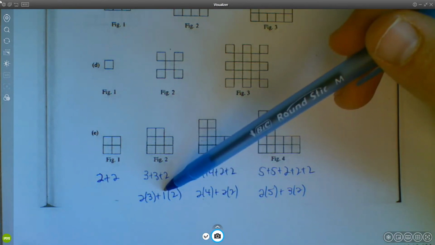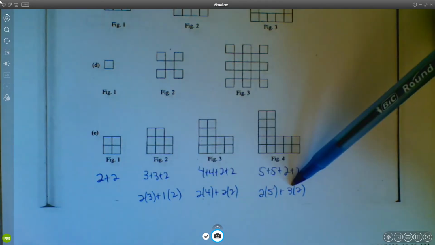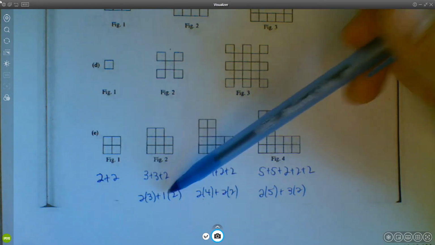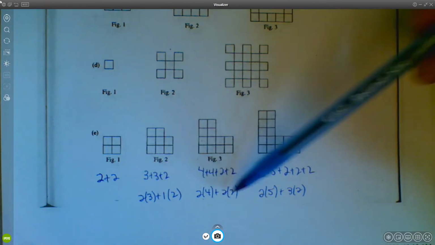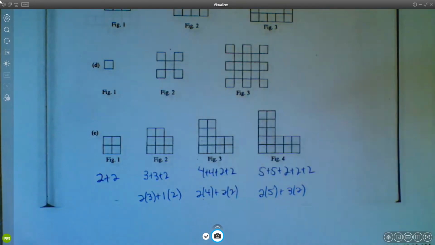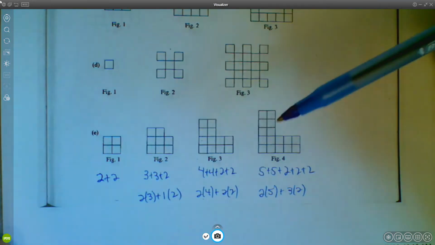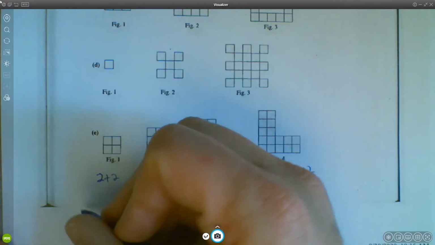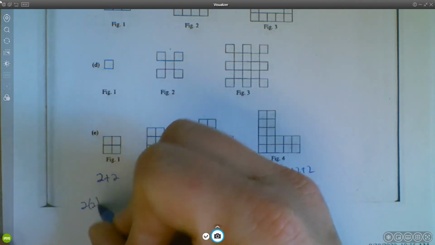The third number is increasing 1, 2, 3, so it looks like it's the figure number minus 1. And then this last number is always 2. If I extrapolate that down to the next figure, the first number is always a 2, so this is going to be 2 times. The second number goes 5, 4, 3, so it should be a 2.